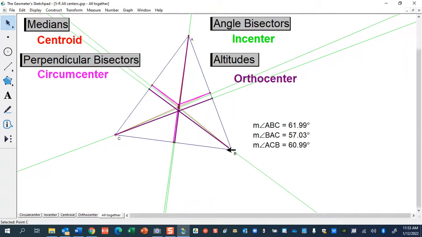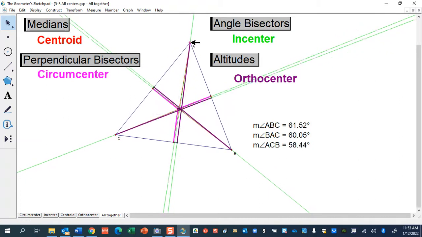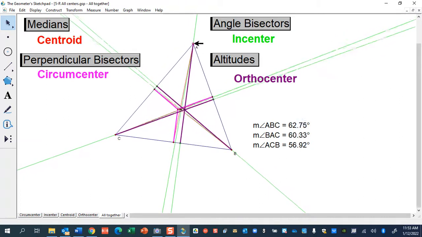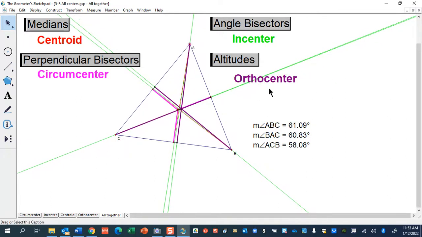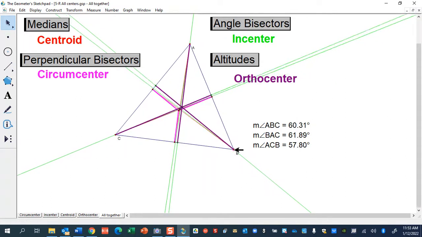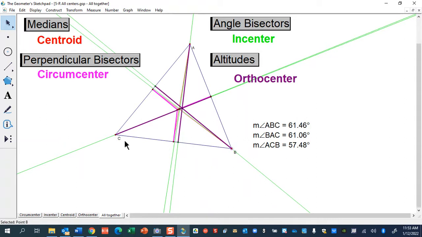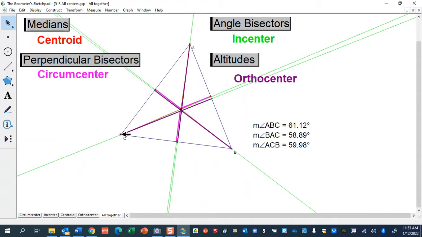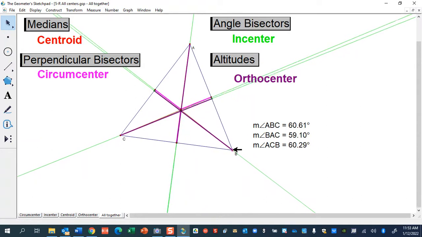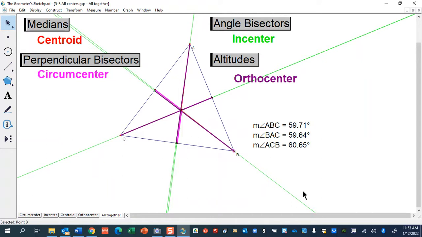I'm getting closer, right? So this one needs to come down. That's pretty close. What is happening? They're all lining up in the middle. That's as close as I think I'm going to get.